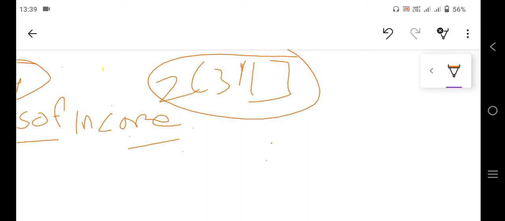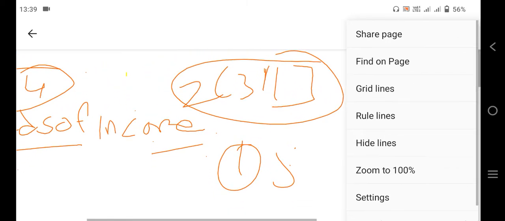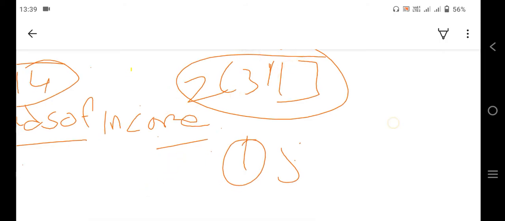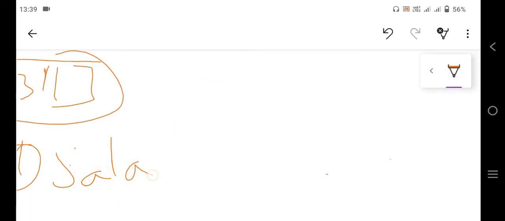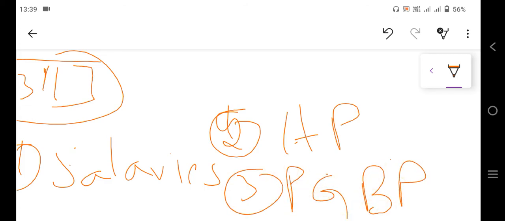From the following five heads we calculate heads of income. First one is salaries. Second one is house property, third one is PGBP, profits and gains of business or profession.